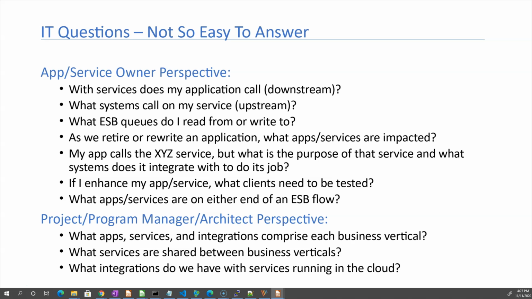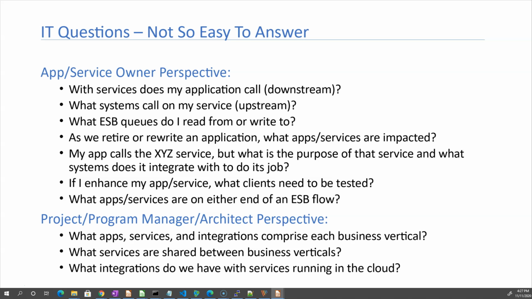As a project manager or program manager or an architect, obviously understanding your inventory of all your assets, whether apps, services, integrations, servers, databases, all of that is important. And with different business verticals, being able to segment them by business vertical and say which of those assets are used by which vertical and get a perspective based upon that vertical.